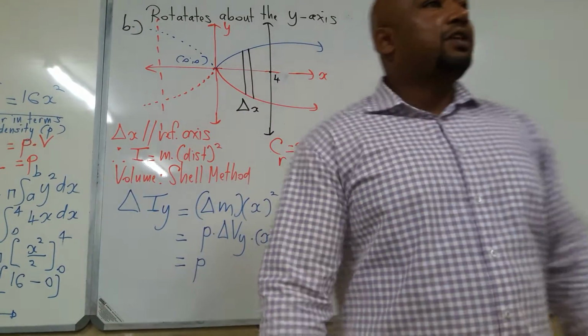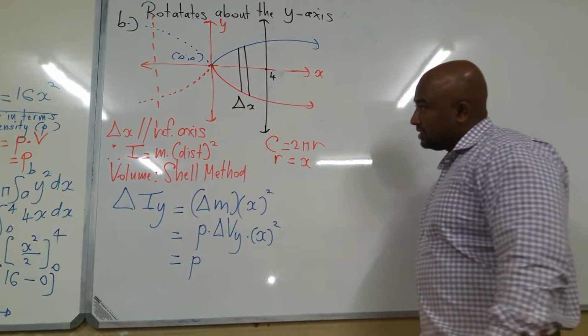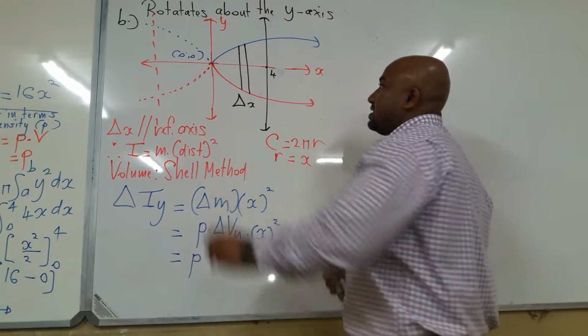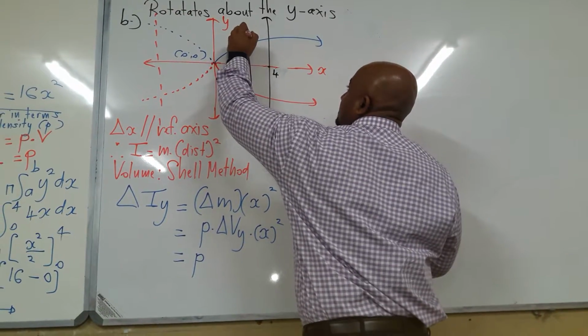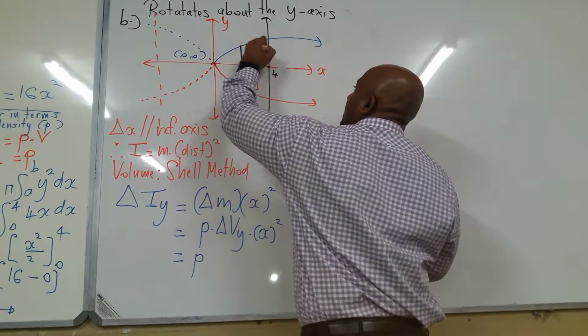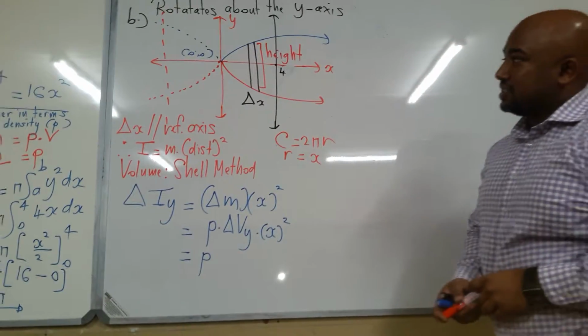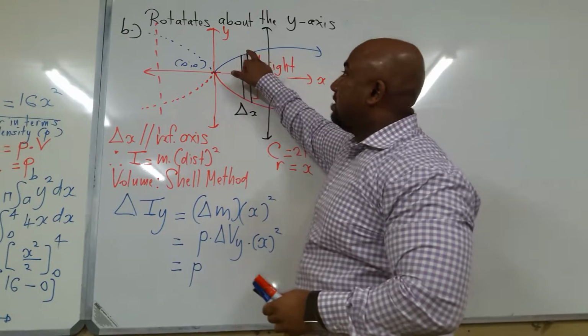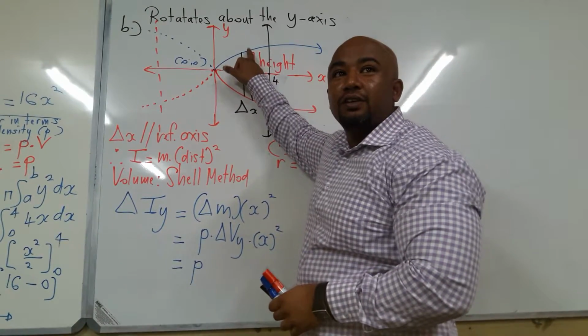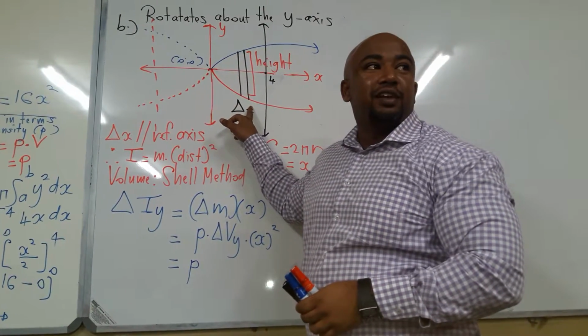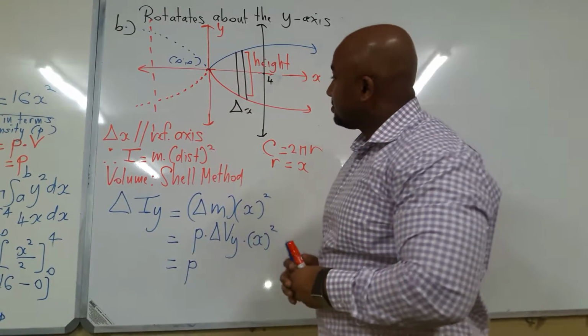What about the height? The height from here to here is the height of the representative element. So the height is the difference between the top y value and the bottom y value.